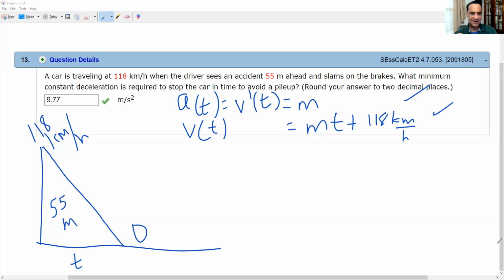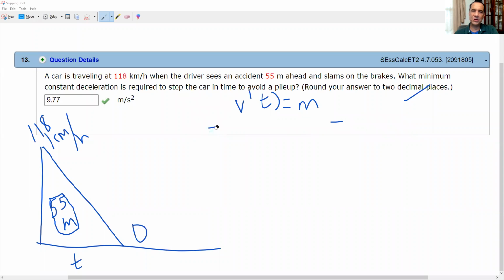But in this case, velocity is just a straight, linear, decreasing function. We do know that the distance is the area under that. So in order to find t, I'm going to revert back to the area of a triangle.